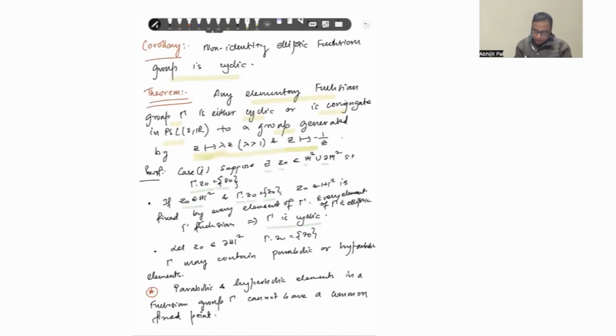And now, suppose this z naught belongs to the boundary, and also you have assumed this orbit is a singleton set. Now it may happen that this gamma may contain parabolic or hyperbolic elements. So we'll rule out some cases.